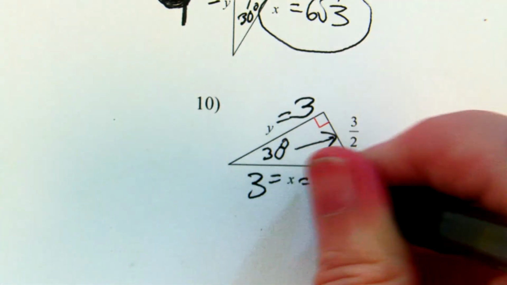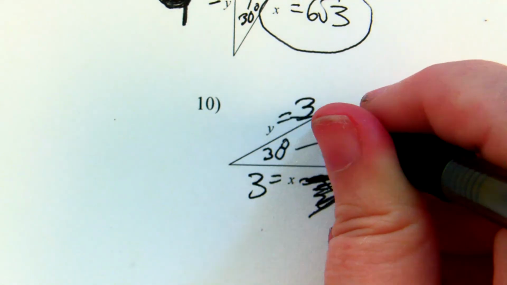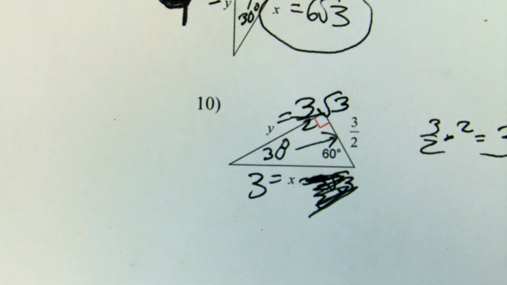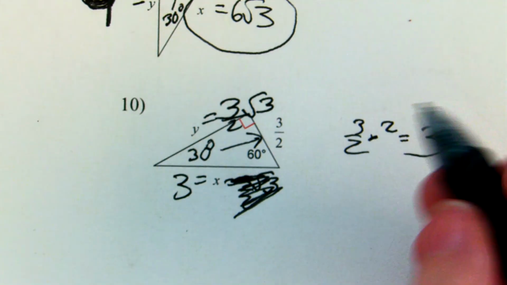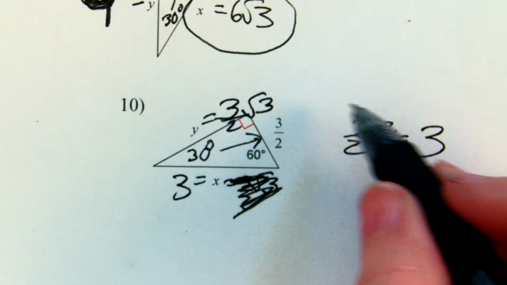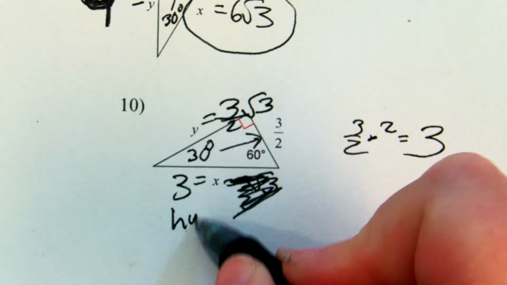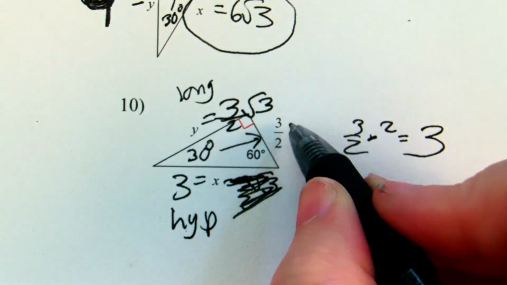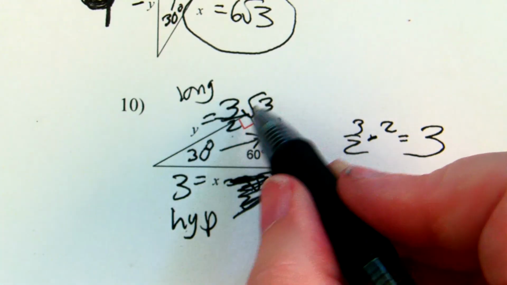This is the hypotenuse. And this is 3/2 rad 3. That's across from the 60. Sorry about that. So 3/2 times 2, the 2's cancel, and we get 3 for the hypotenuse. And for the long leg, we multiply by rad 3. So it's 3/2 times rad 3, or 3 rad 3 over 2.